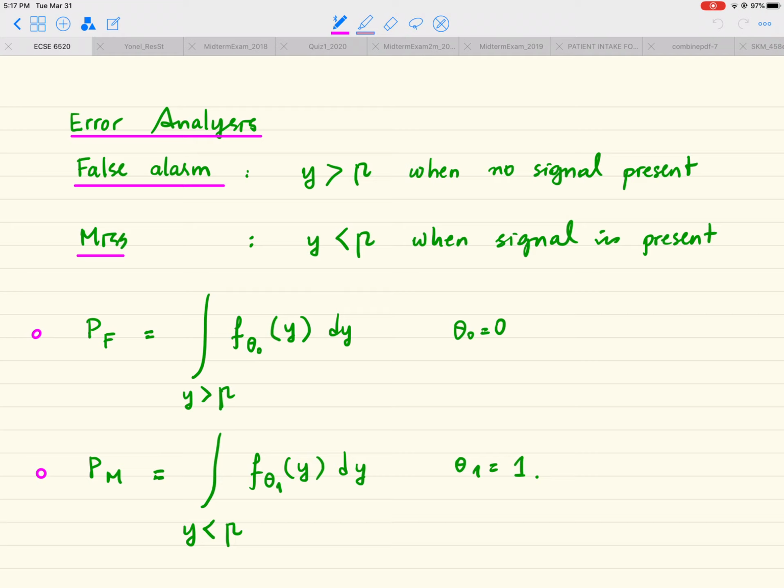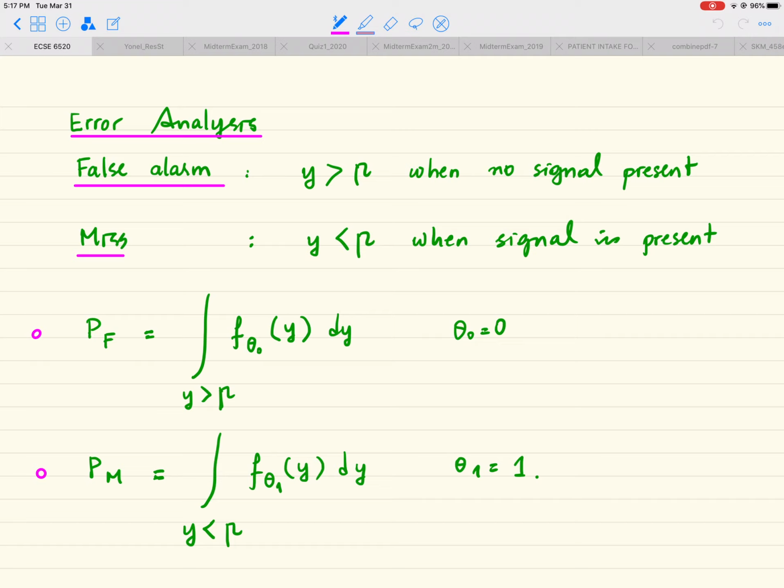So probability of false alarm would be that the underlying distribution has the parameter theta sub 0, but y is larger than nu. So that would be the integration of this probability when y is larger than nu.